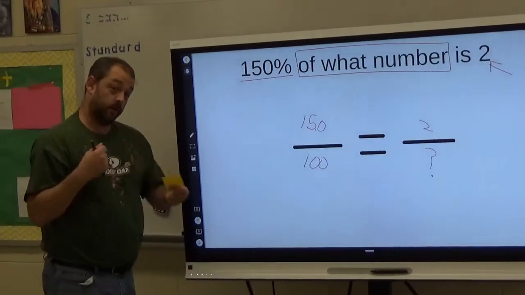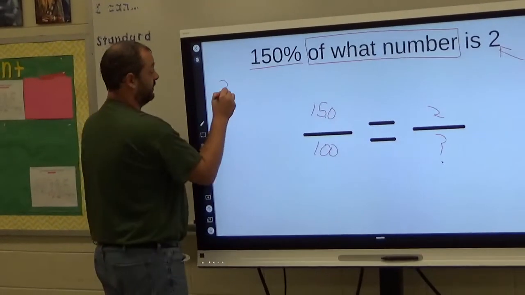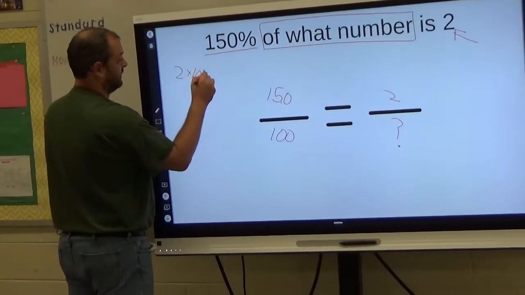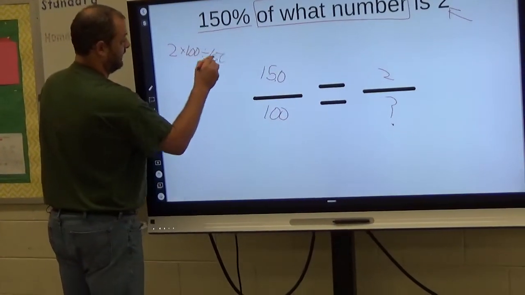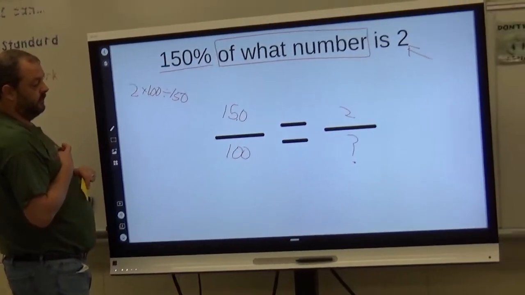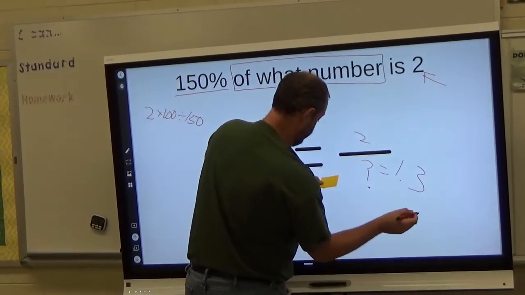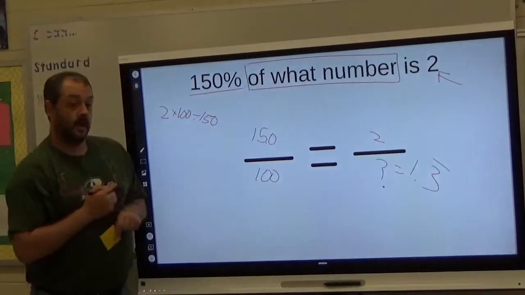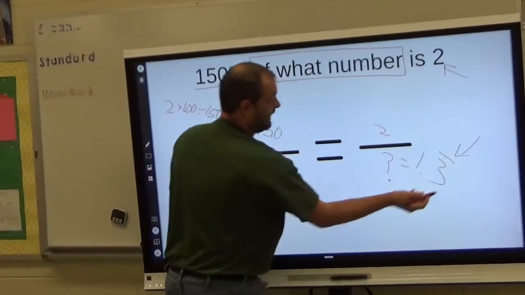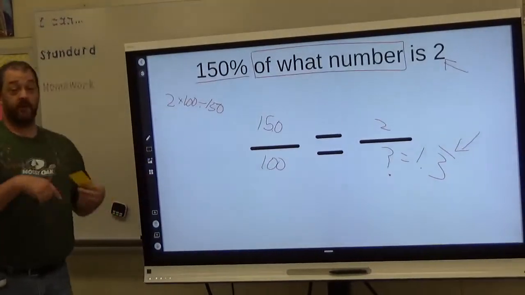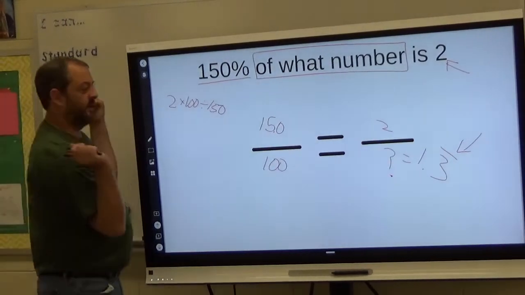So when we do our cross multiply and divide, we should have done 2 times 100 divided by 150. When you do that, you will get an answer of 1.3. And remember that bar over the top means that it just keeps going forever and ever.